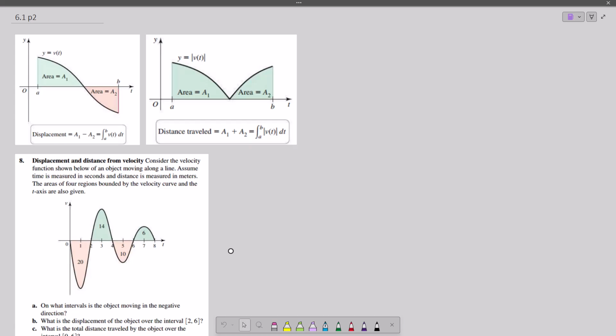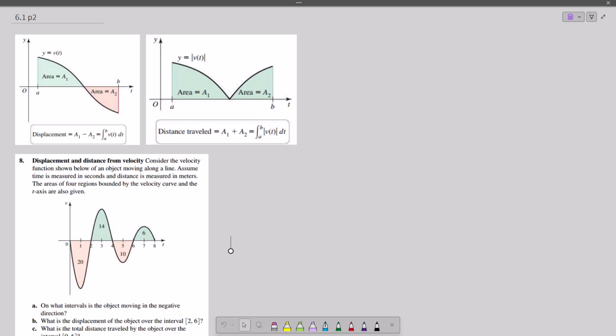Now, when you look at the integral of the velocity function, what you learned in Calc 1 is that if you integrate a function that passes through the x-axis, you are going to actually end up with the upper area minus the lower area. If you just integrate from a to b, the integral naturally is going to do this minus that.